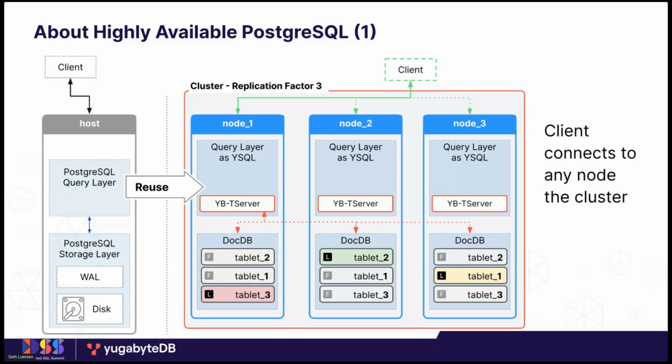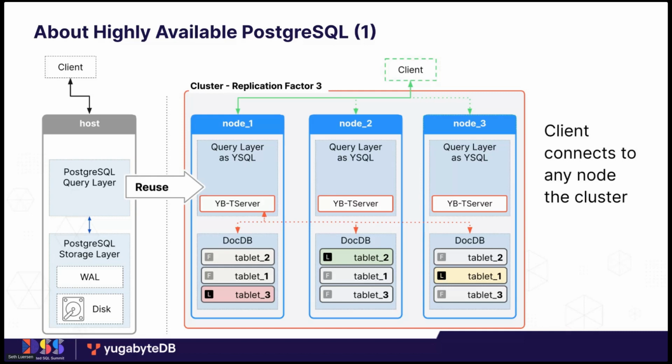And we have a reusable query layer that's Postgres, which we call Yugabyte Structured Query Language, or YSQL. And we store data differently in what we call our distributed document store, referred to as DocDB. We'll take a look at this at the very end of our hands-on session today. And we can talk a little bit more about tablets and sharding and partition keys and the like, and how that really works.